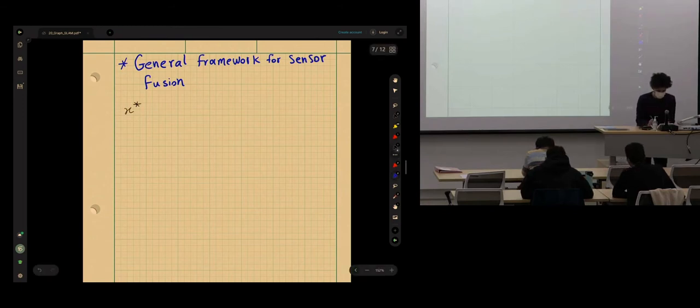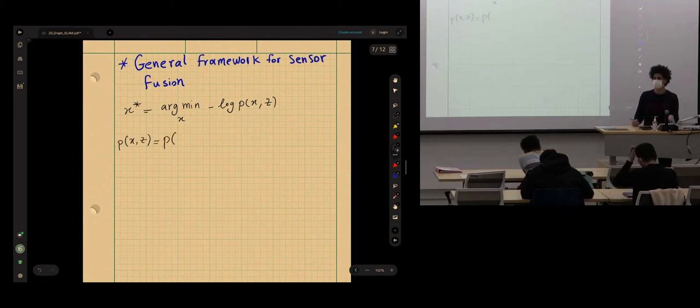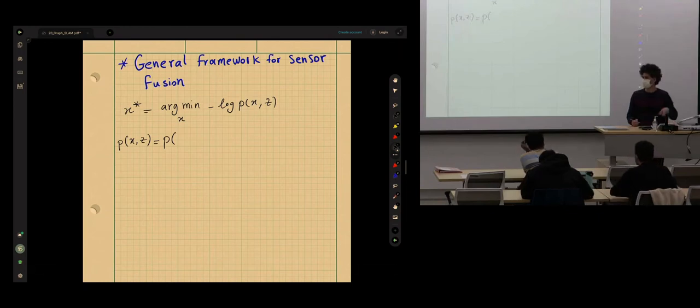The optimal solution is obtained by minimizing the negative log of the joint distribution. And we know the joint distribution is factorized, whether we do it manually or construct a graph, we get the same result.